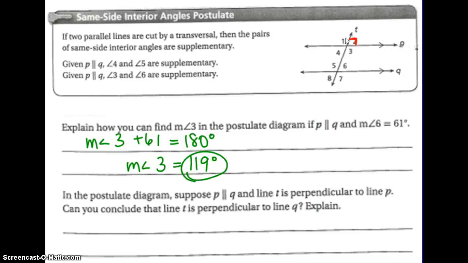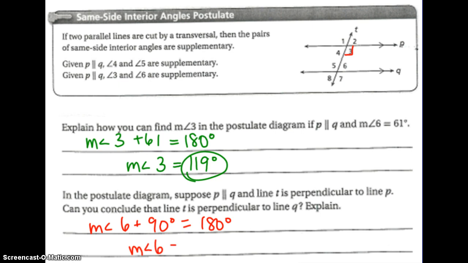Well, first off, if line T is perpendicular to line P, then all four of these angles are 90 degrees. If angle 3 is 90, then the measure of angle 6 plus 90 degrees equals 180. That means that angle 6 has to also be 90 because of the same side interior. They have to be supplementary.